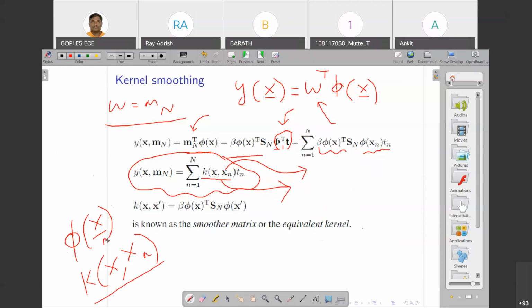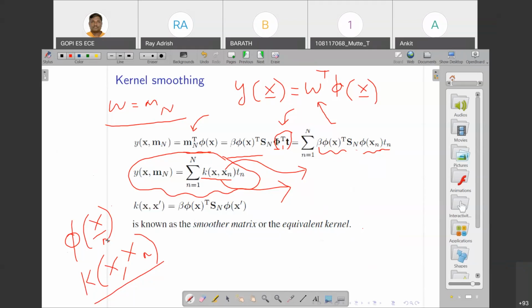We got an expression for the Bayes solution for the estimate of W, which is given by Mn, and you are replacing that solution here in this expression for y of x. With a simple rearranging in matrix form, as linear combinations of the columns of the matrix, you are able to represent it in the form of a kernel function.